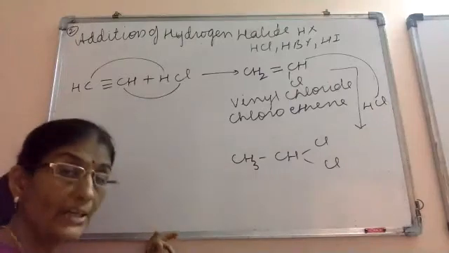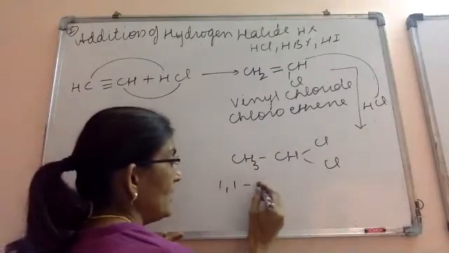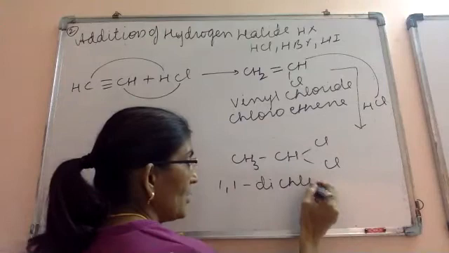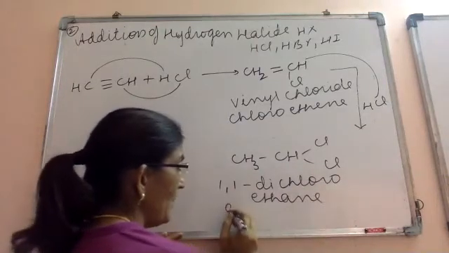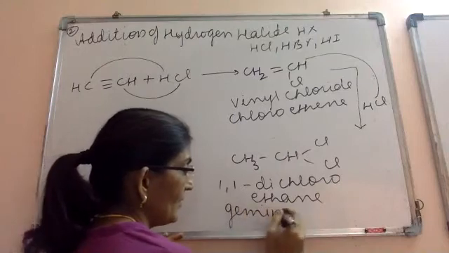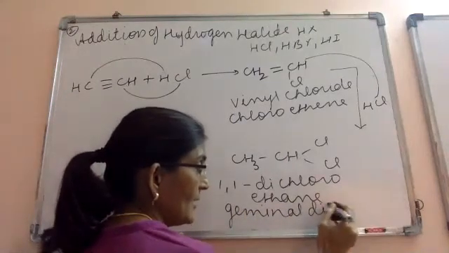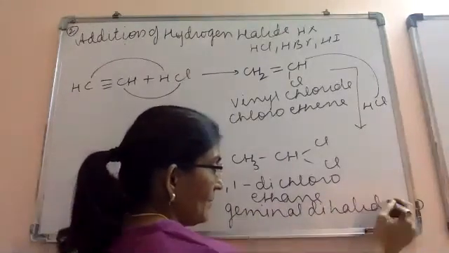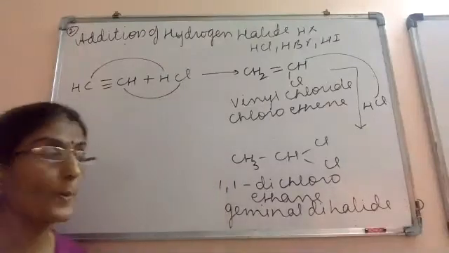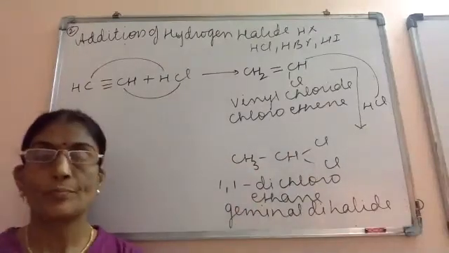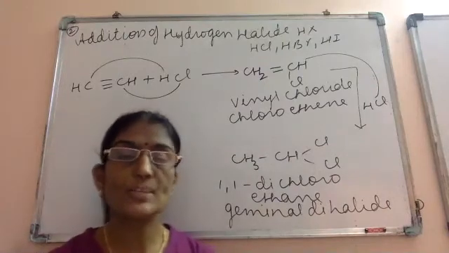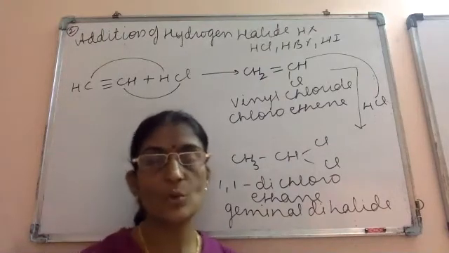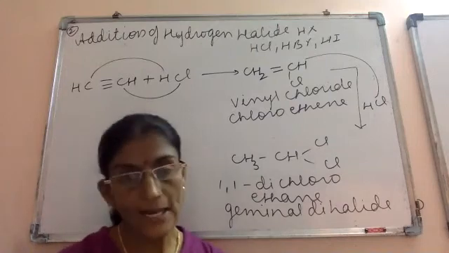This is called geminal dihalide. 1,1-dichloroethane. What do we call this? Geminal dihalide. We studied vicinal, this is geminal. If both halogens are present on the same carbon atom, it is known as geminal dihalide.